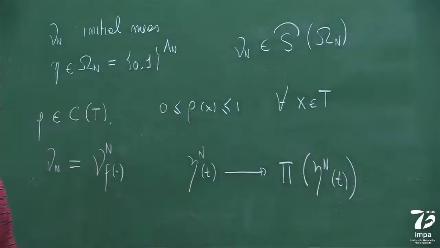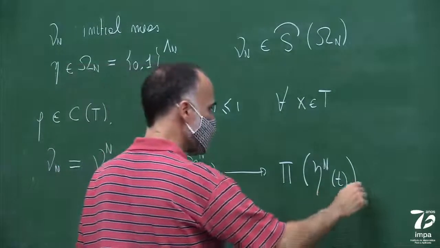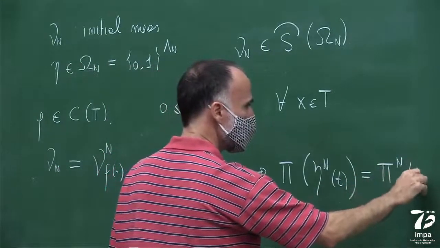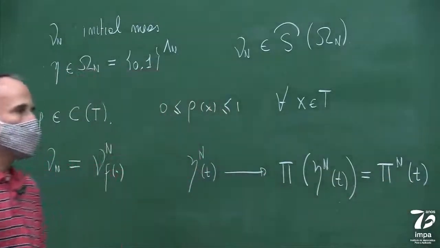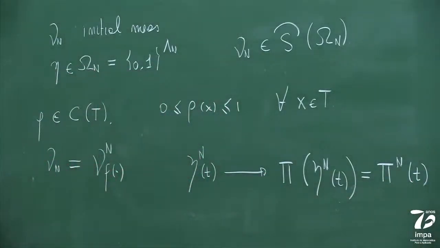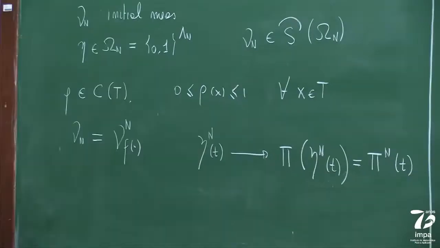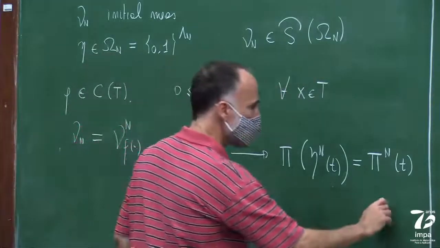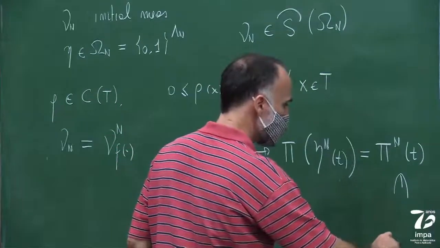So given this evolution, I apply pi, and I get evolution of measures now. These are measures which are evolving in time. And I will call this object pi n of t. So pi n of t is now a continuous time Markov chain. But instead of taking values in omega n, this process takes values in m.